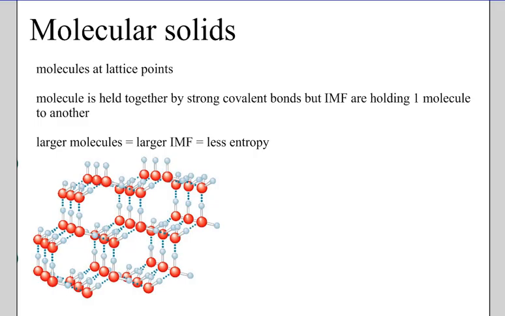An allotrope simply means many forms. So S8 would be a molecular solid because at each point on a lattice structure, when sulfur forms a solid, there's actually sulfur with 8 sulfur atoms at each lattice point. Same with phosphorus. Phosphorus would be P4.